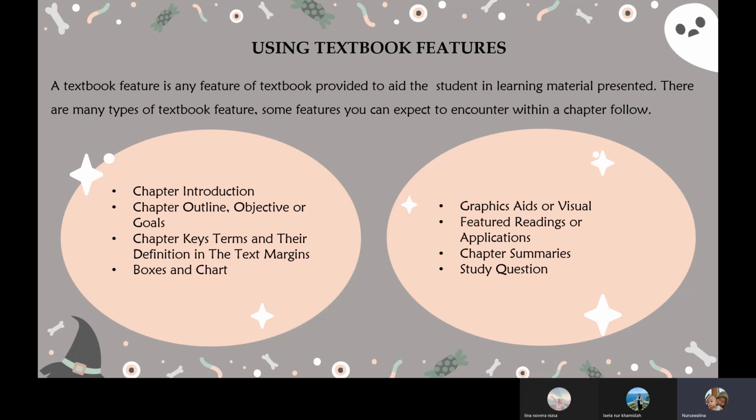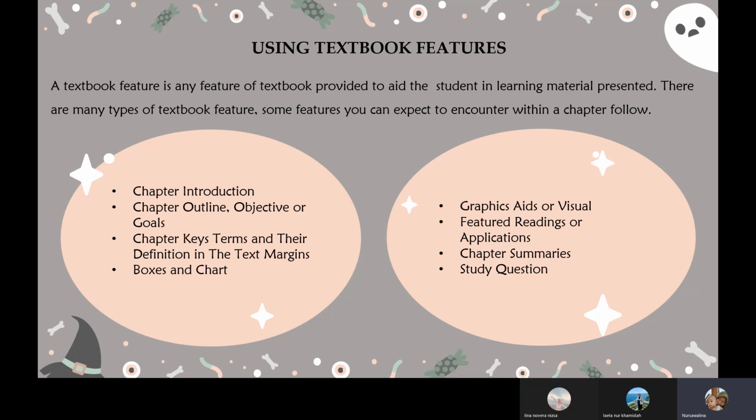Graphic aids or visuals represent important information related to the content of the chapter. And number six, feature readings or applications. Feature readings or applications are passages inserted into a textbook chapter that apply the idea of the chapter to a case study, a real-life scenario, or another discipline.